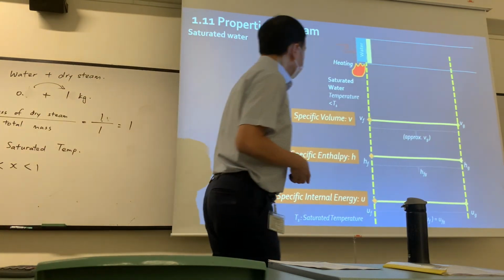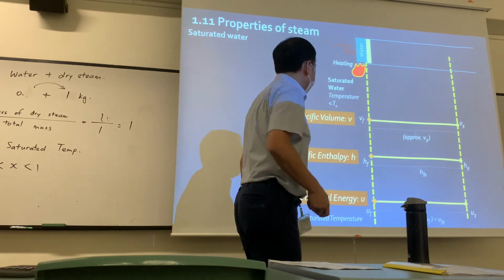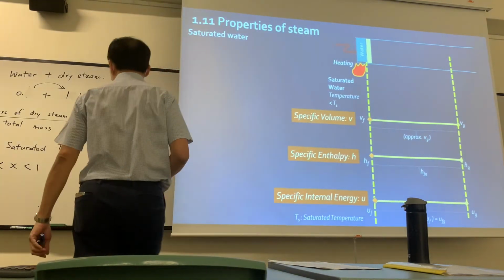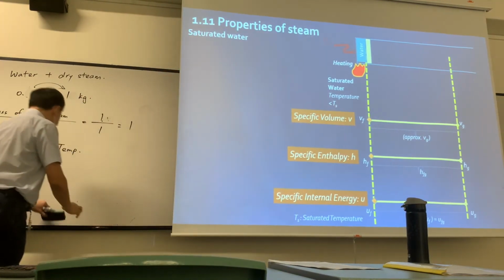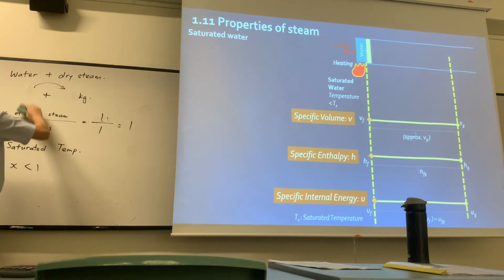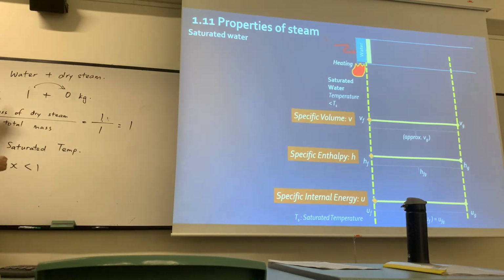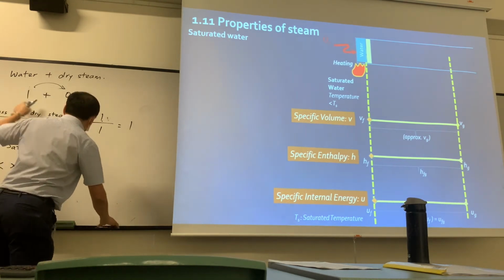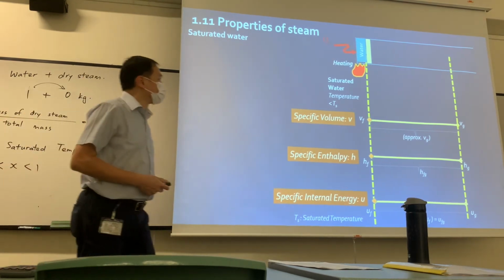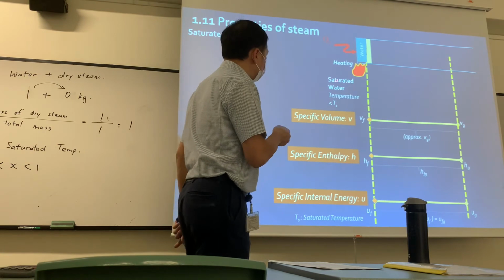Okay, so when you heat up the water and the water hits boiling point, there is no steam yet: still 1 kilogram of water and 0 kilogram of steam, but the water starts boiling. At this point, this is what we call saturated water.